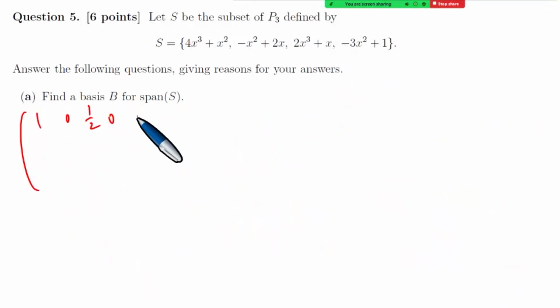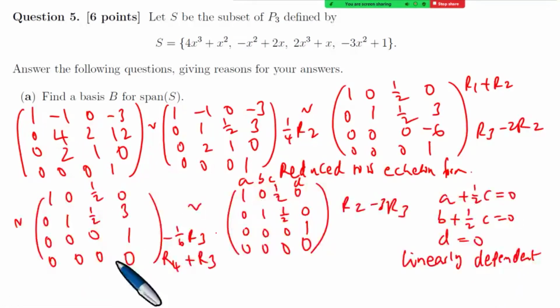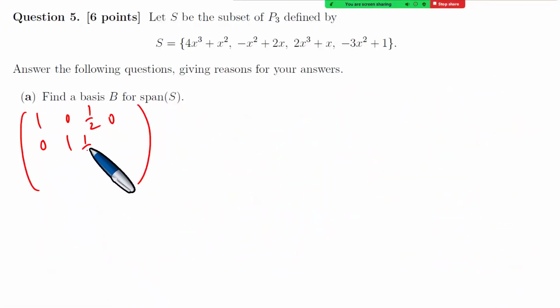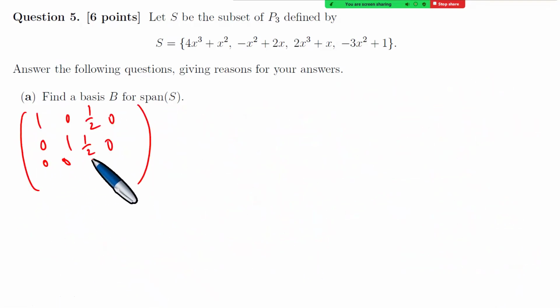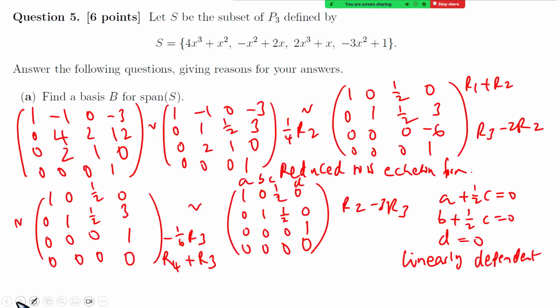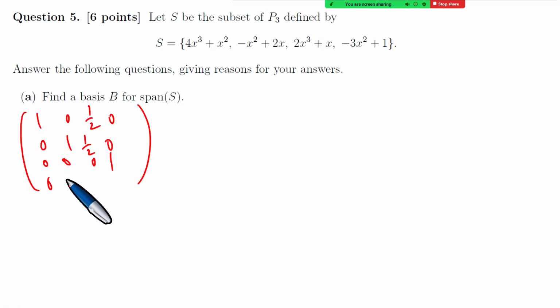Then 0, 1, 1/2, 0. And then we have 3 zeros and a 1. And then 4 zeros.